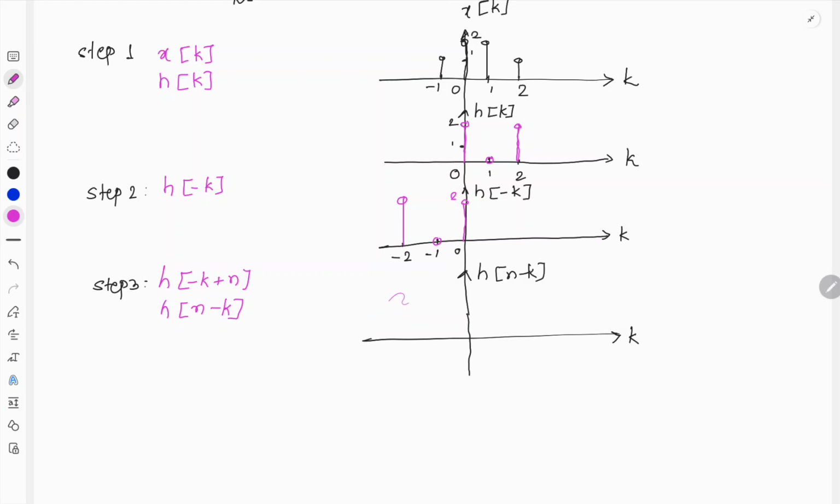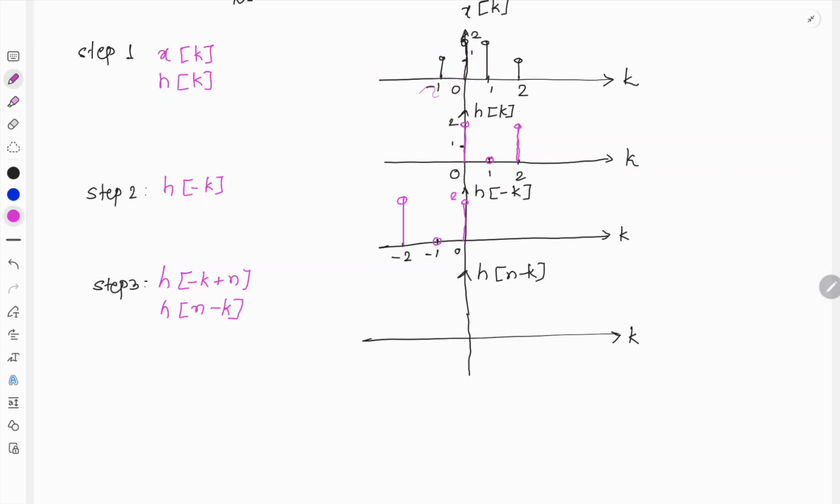One care has to be taken. Whenever we are shifting it towards the left, it is shifted by amount n, and we do not know the exact value of n. So we are going to shift this h of minus k signal towards the left, but it should be entirely to the left of x of k.